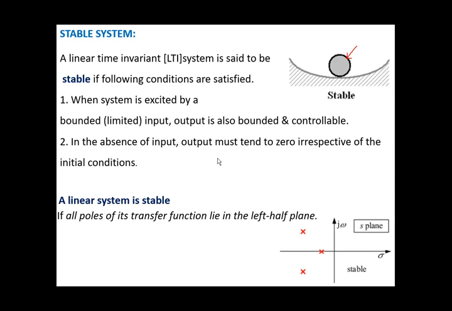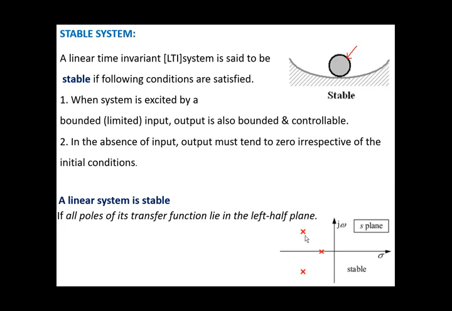So a linear system is stable. If you consider the S-plane, that is the frequency domain graph, consider the number of roots. In the transfer function you will be getting numerous roots that may be zeros or poles, that is the roots from the numerator polynomial or denominator polynomial.